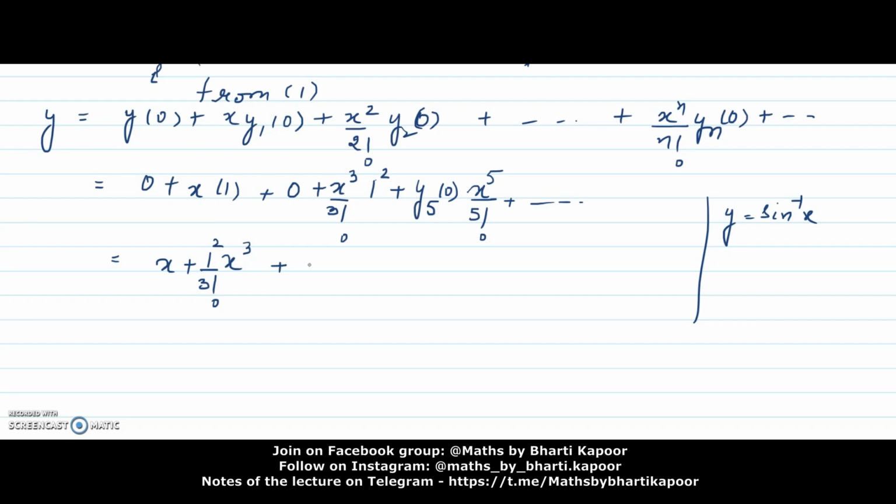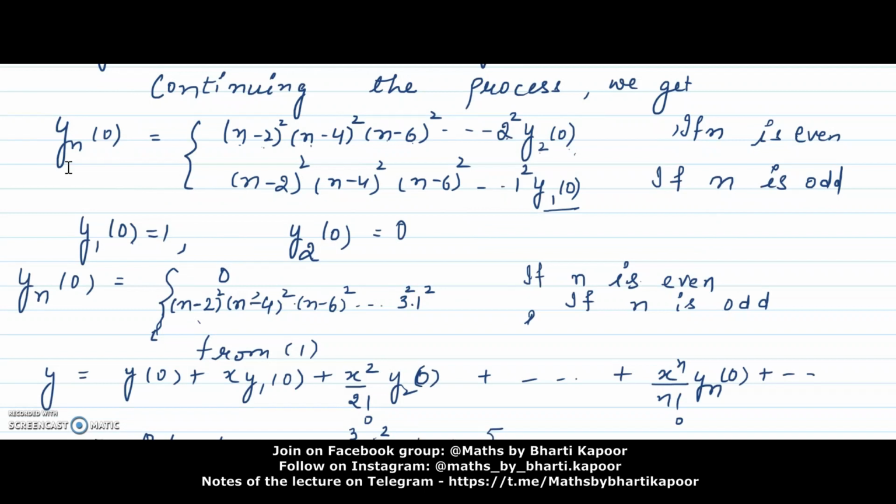now what will be the value of y5(0)? For finding the value of y5(0), take n equal to 5, and 5 is odd, so the value will be equal to (5 minus 2) square, that is 3 square, into (5 minus 4) square, that is 1 square. We stop when we have 1 square as the last term.